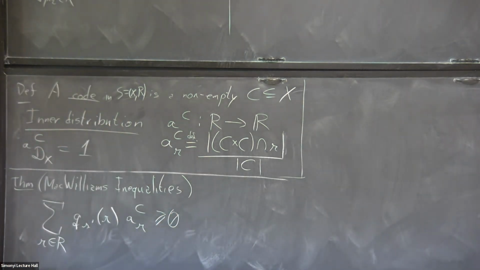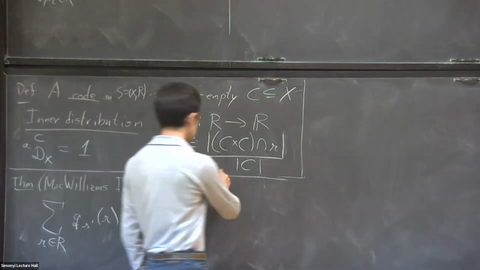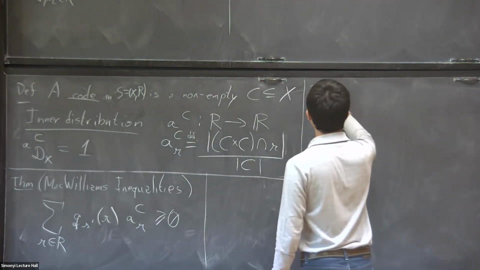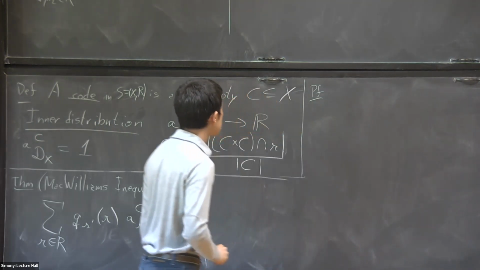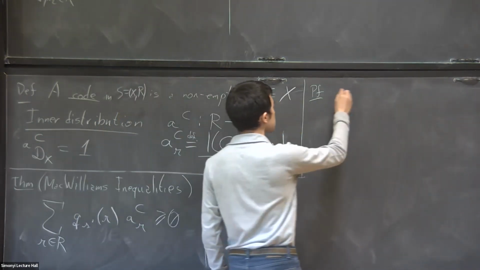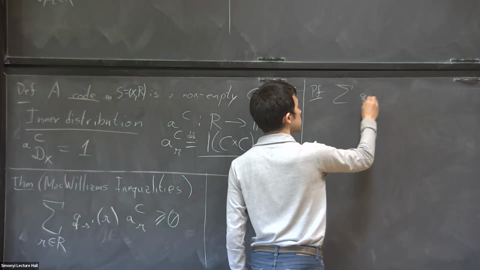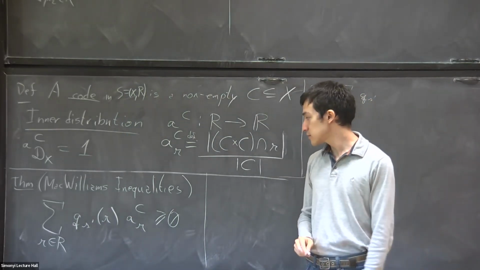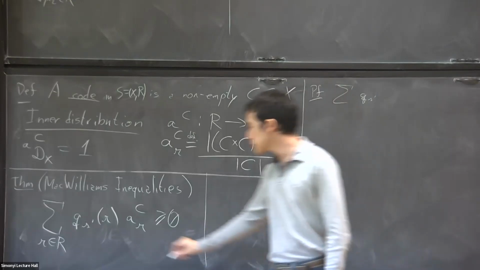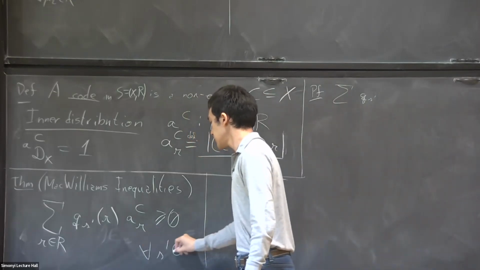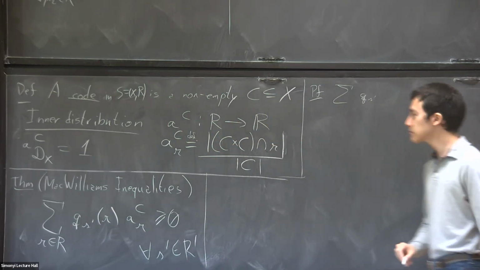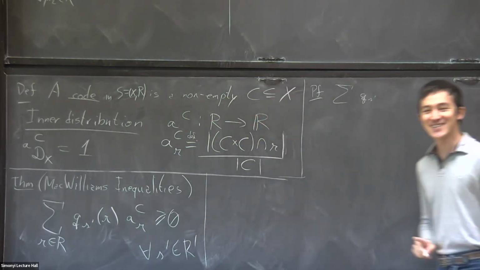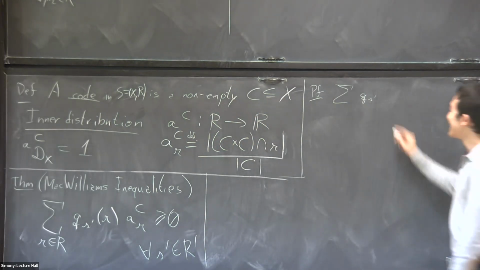That's what the McEliece inequalities are going to say. Sounds very mysterious, but let's prove this. There's a free parameter for any S prime, so that's why it's inequalities, not inequality. It's more than one.